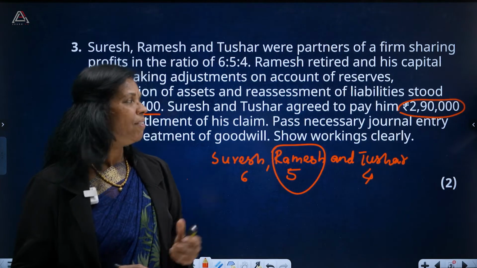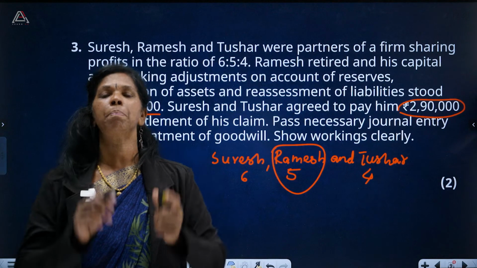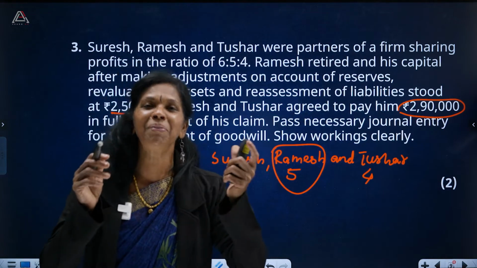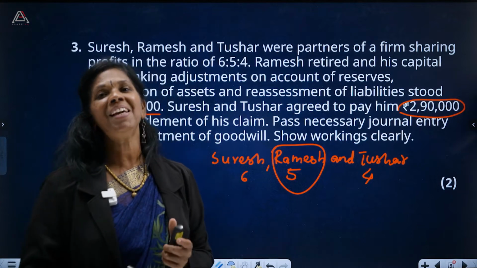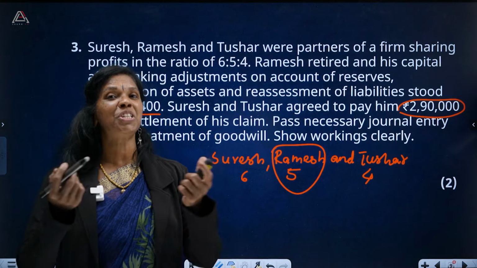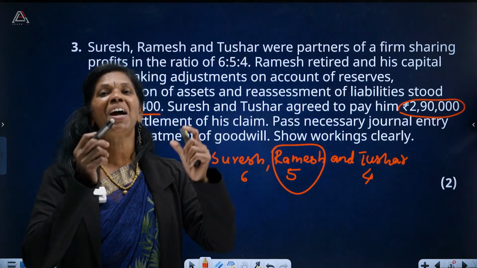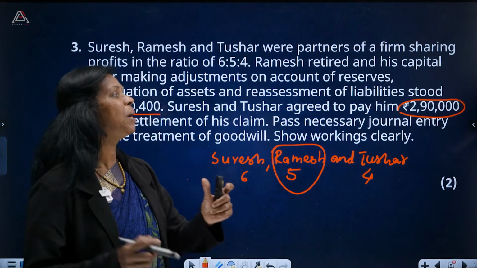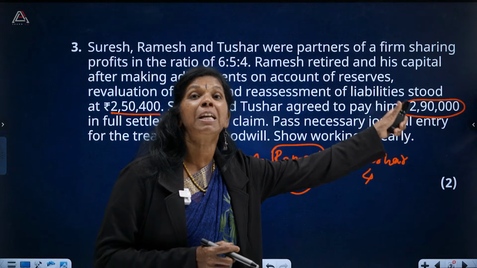So here first we have to find out the share of goodwill of the retiring partner. Who retired from the service? Ramesh retired from the service. Do you have any idea about how to find out the share of goodwill of Ramesh? In this case we take the difference between the amount given by the remaining partners and his capital.